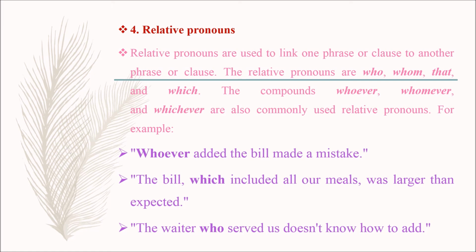For example, whoever added the bill made a mistake. The bill, which included all of our meals, was larger than expected. The waiter who served us doesn't know how to add. Here, whoever, which, who are relative pronouns.